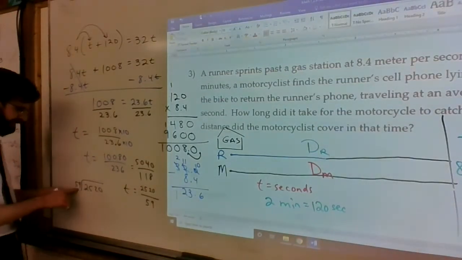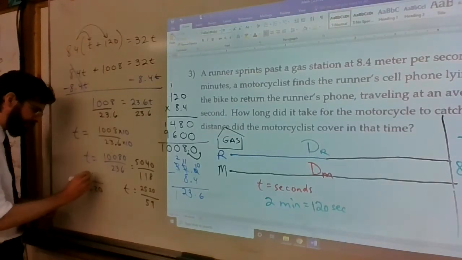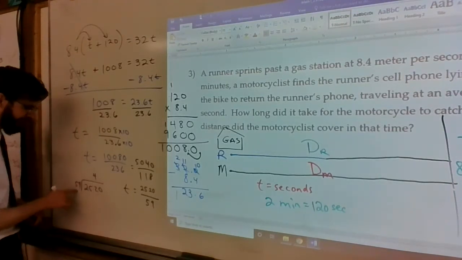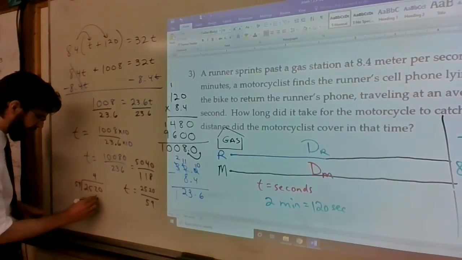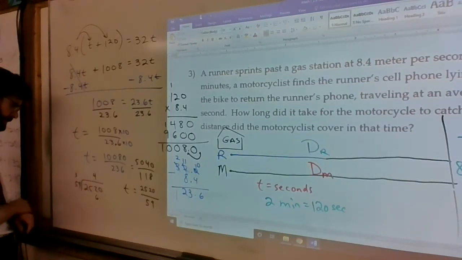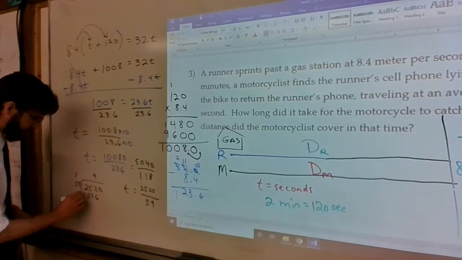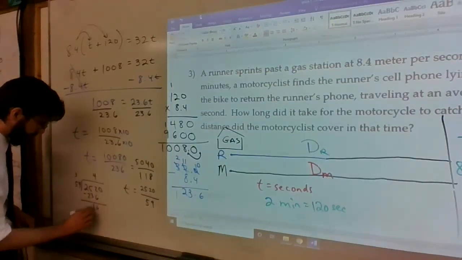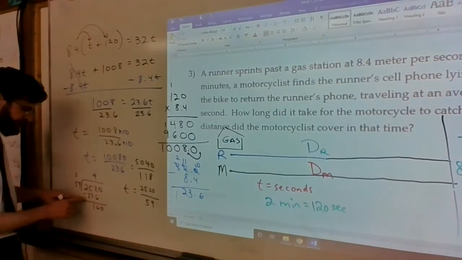Looks like we can fit 50, probably 4. Yeah, 59 goes in there 4 times. And then maybe 2 more.